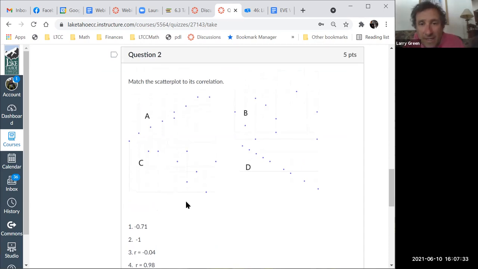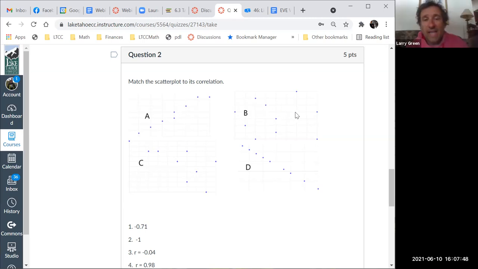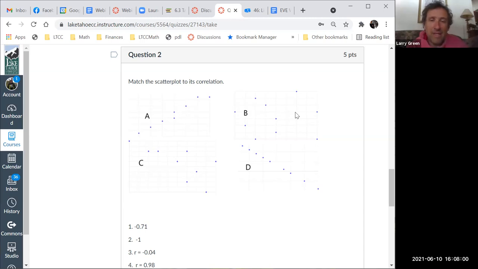Okay, now let's go to B. What do you notice about the scatter plot for part B? There's barely a correlation. Yeah, doesn't it look kind of like the night sky? Just a bunch of points all over the place. I don't see any line. Do you? So that means it should be close to what number? 0.